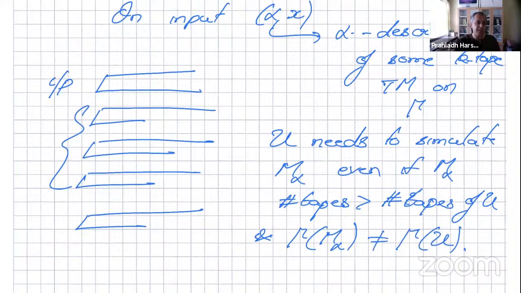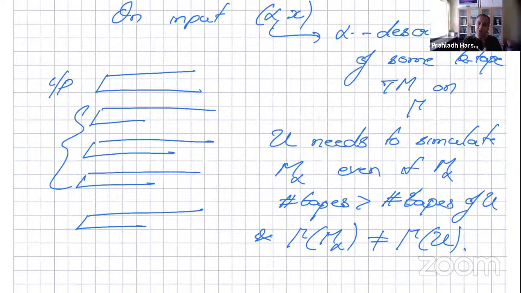Because when I say there exists U, you have fixed U. U is not something that changes based on the input alpha. U is one fixed Turing machine. It's some 5 tape Turing machine, 6 tape Turing machine. But yet it must be able to simulate any number of tape Turing machine on it.